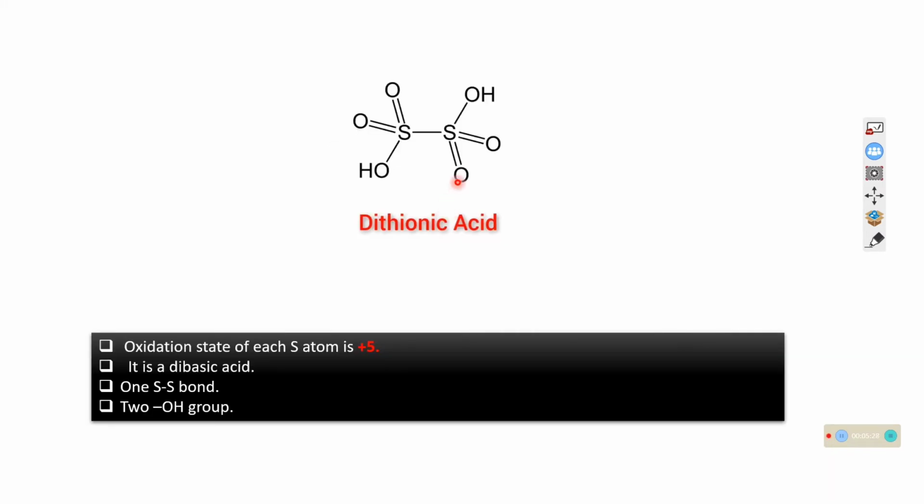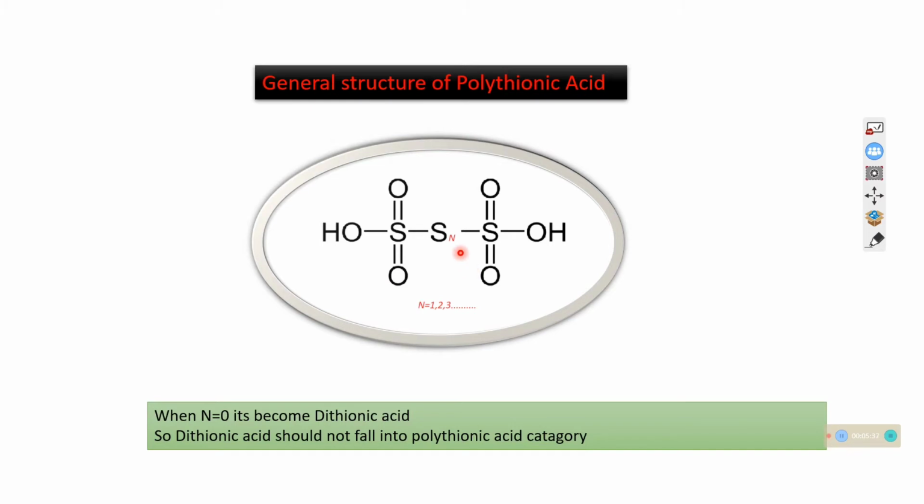But see, in the case of dithionic acid, there is no sulfur atom present between the sulfonic acid groups. The minimum value of n is 1, but in dithionic acid this n value is 0, meaning the middle sulfur is not present. So we can say that dithionic acid should not fall into the category of polythionic acids.